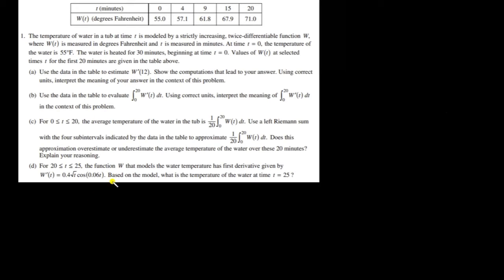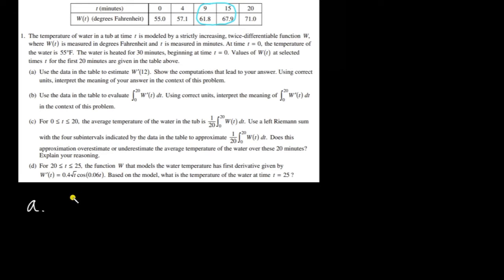So let's figure out w prime of 12. We don't have a function w that we can actually take the derivative of to find w prime of 12, but we do have two points which are close to 12: t equals 9 and t equals 15. If we find the slope between these two points, we can use that to approximate the slope at t equals 12.